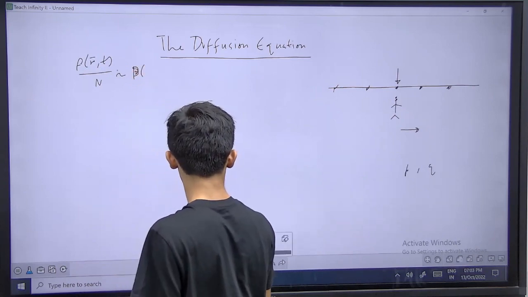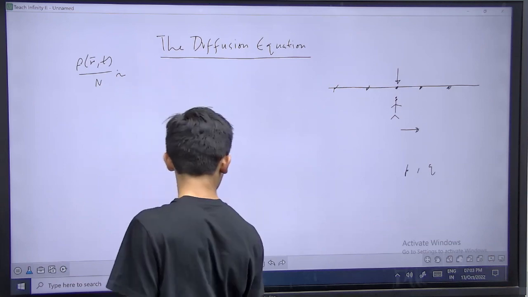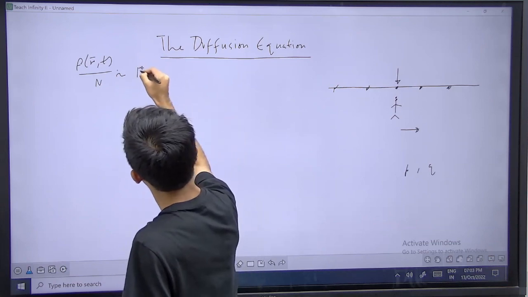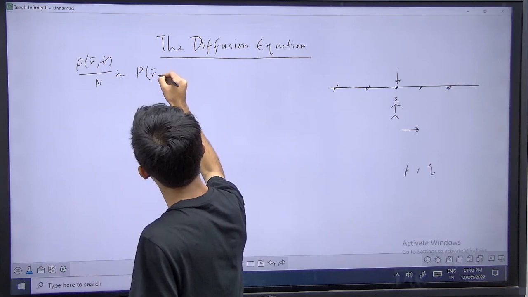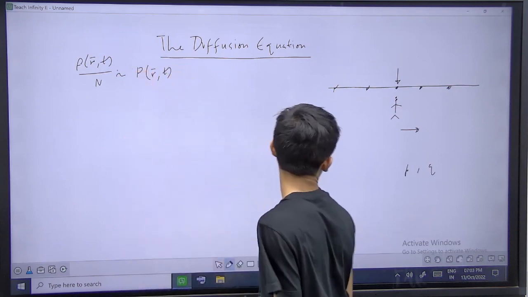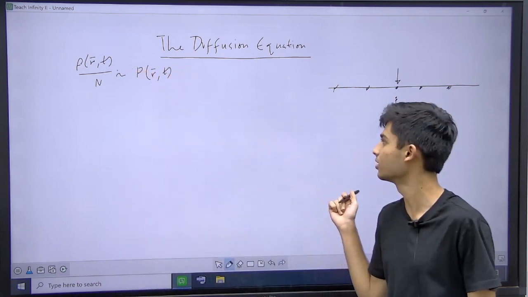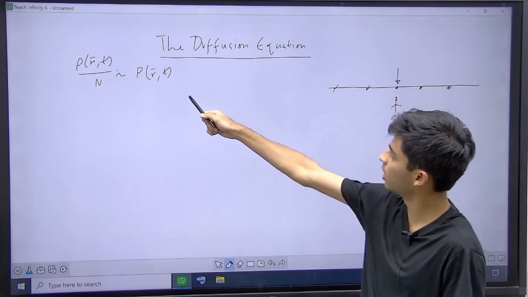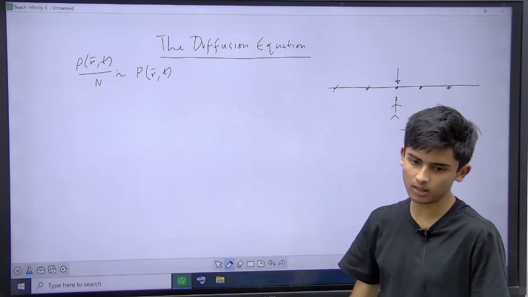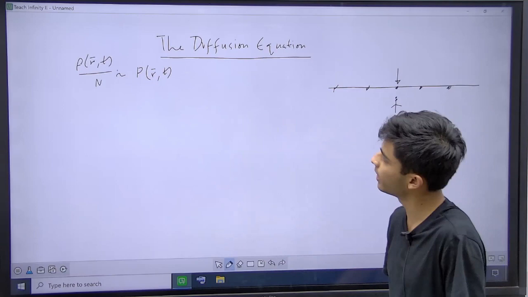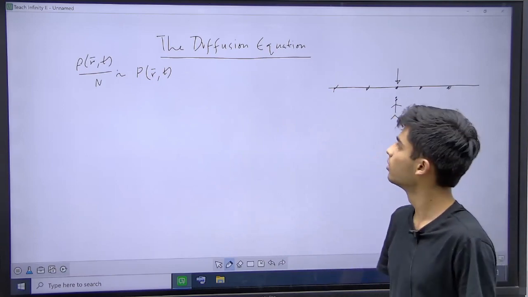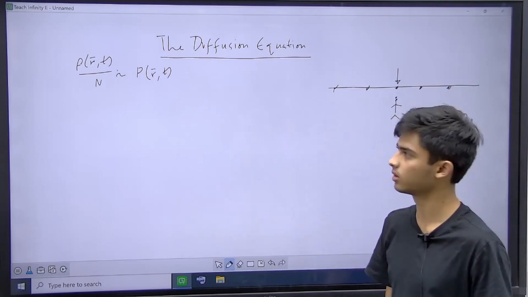I will correct this, which I will denote as P of capital Q, because small p is already used up here. So we will now look at one particle and then multiply everything by n when needed to figure out what's going on with n particles.